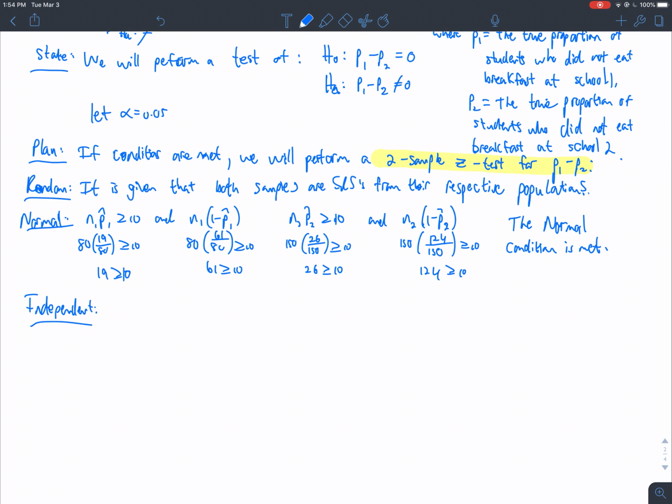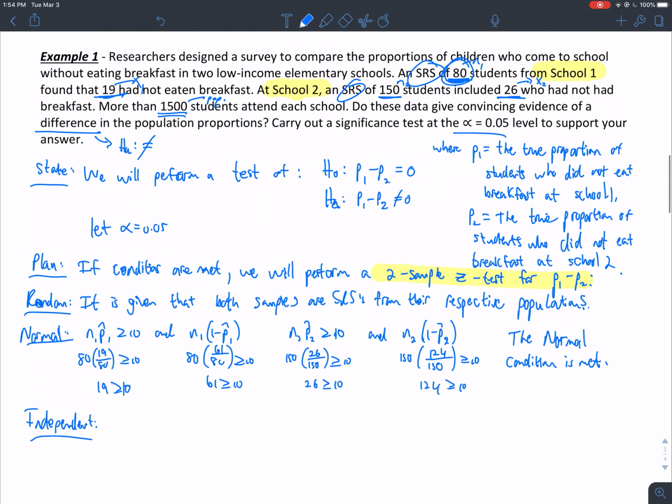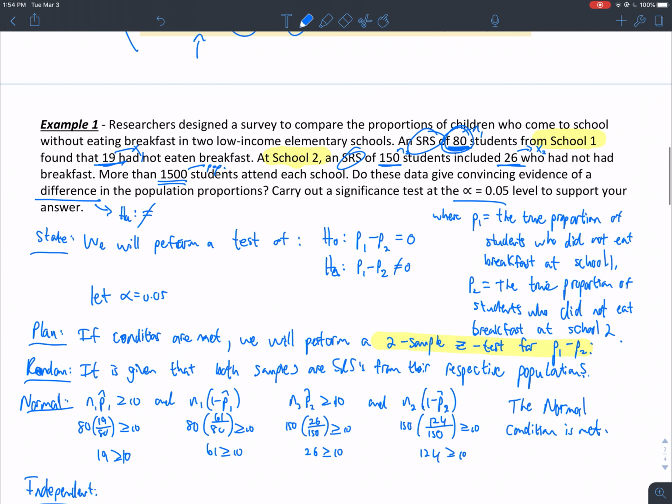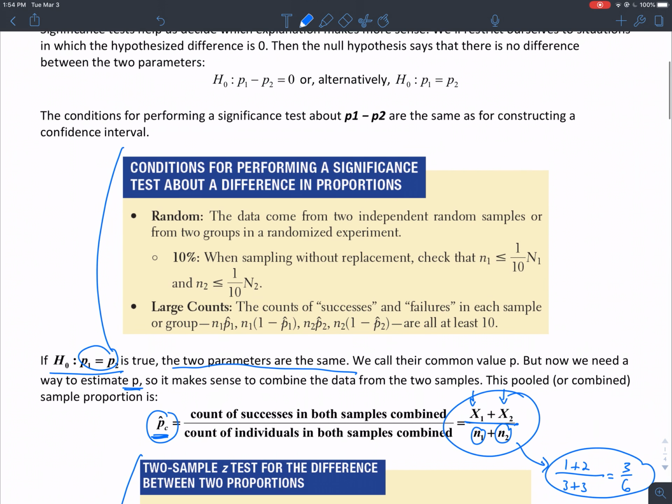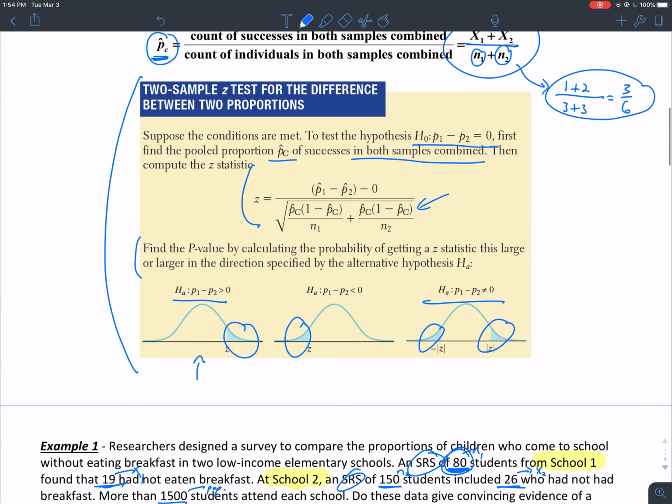And then independent. All right, independent. So now we have to say that, checking our conditions, the samples are independent, and 10% condition for each sample.